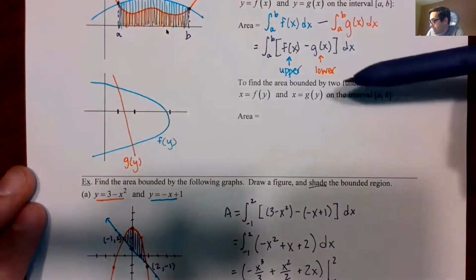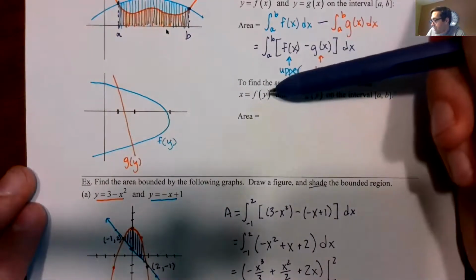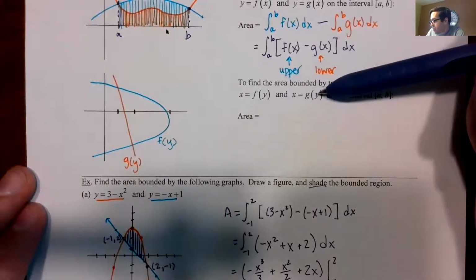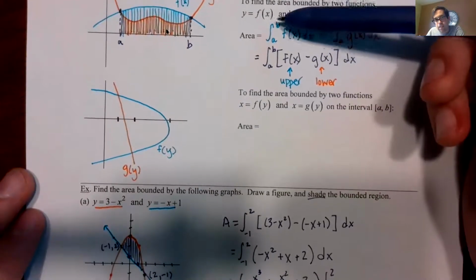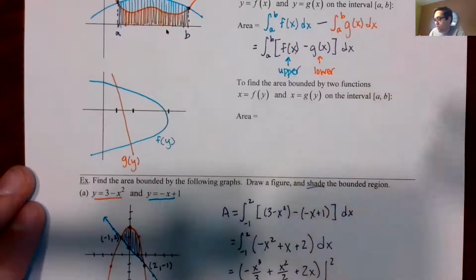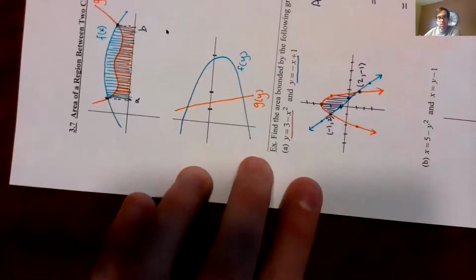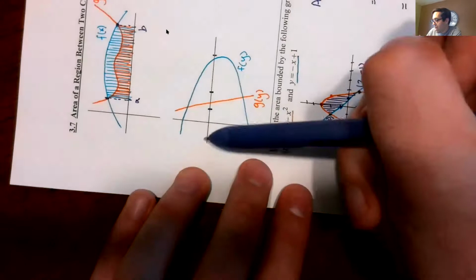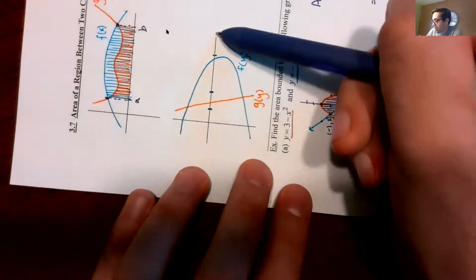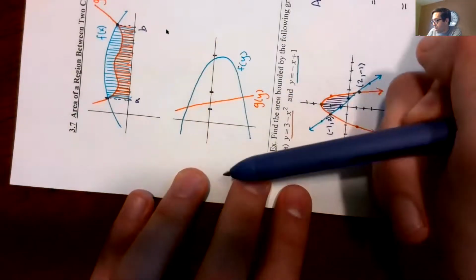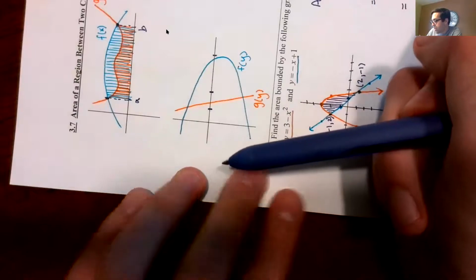So sometimes it's just much easier to think of it as functions of y instead of functions of x, and to think of your whole graph sideways. So if we just shift this so that now our x-axis is going up and going down like the y-axis normally does, take a look.